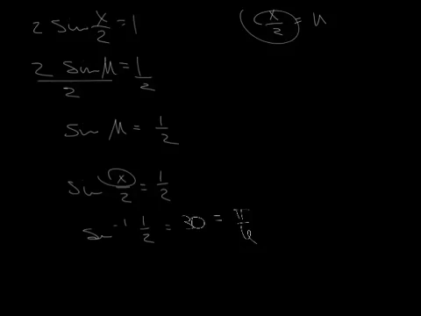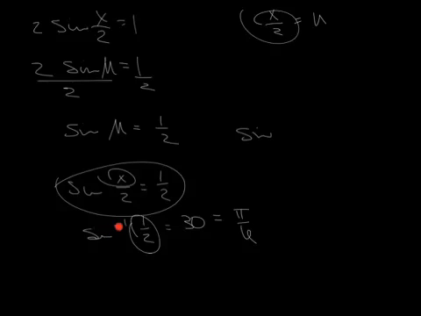So that's what you get when you take the arc sine of 1/2, which means x over 2 is going to have to be 30 degrees, right? We just said we get 30 degrees when we took the arc sine of 1/2. So this number right here is 30 degrees.